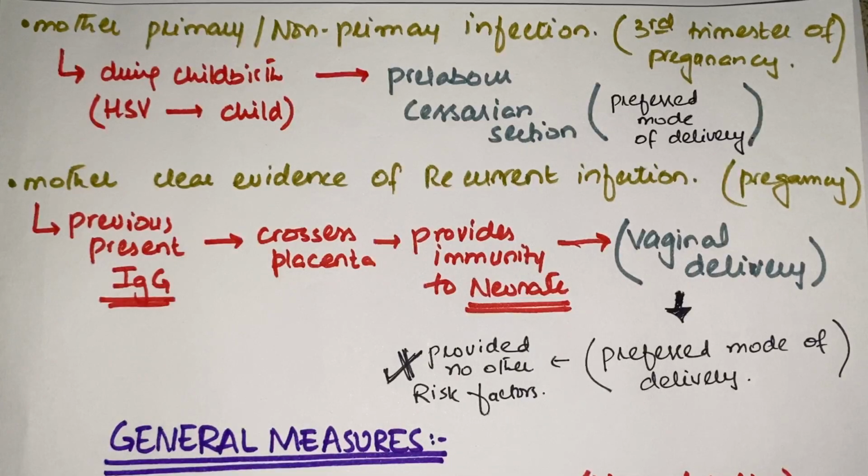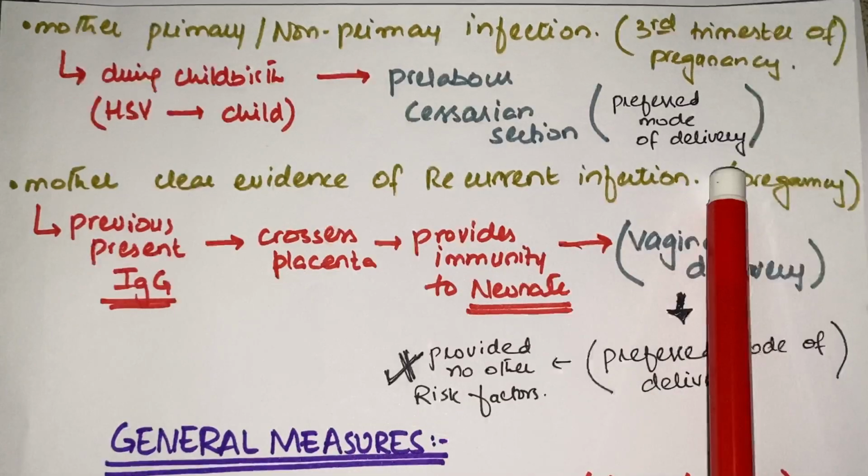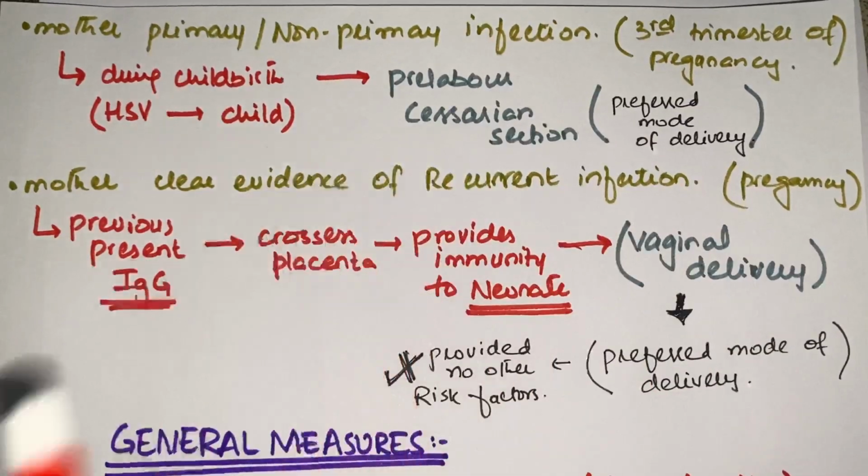During childbirth, the HSV can spread to the neonate. So the preferred mode of delivery for that mother is pre-labor C-section. Why? We avoid contact of the neonate with the birth canal, so that he or she doesn't acquire the herpes simplex virus. In that case, the preferred mode of delivery is pre-labor cesarean section.